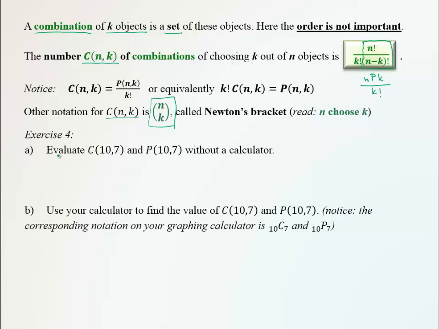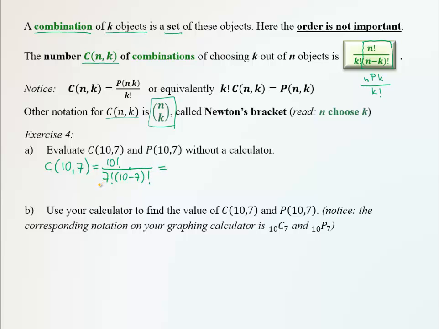Let's evaluate C of 10 choose 7 and P of 10 choose 7 without a calculator, that means by using the formulas that we've seen. So C of 10 choose 7 is n factorial, so it's 10 factorial, divided by k, that is 7 factorial, times 10 minus 7 factorial.